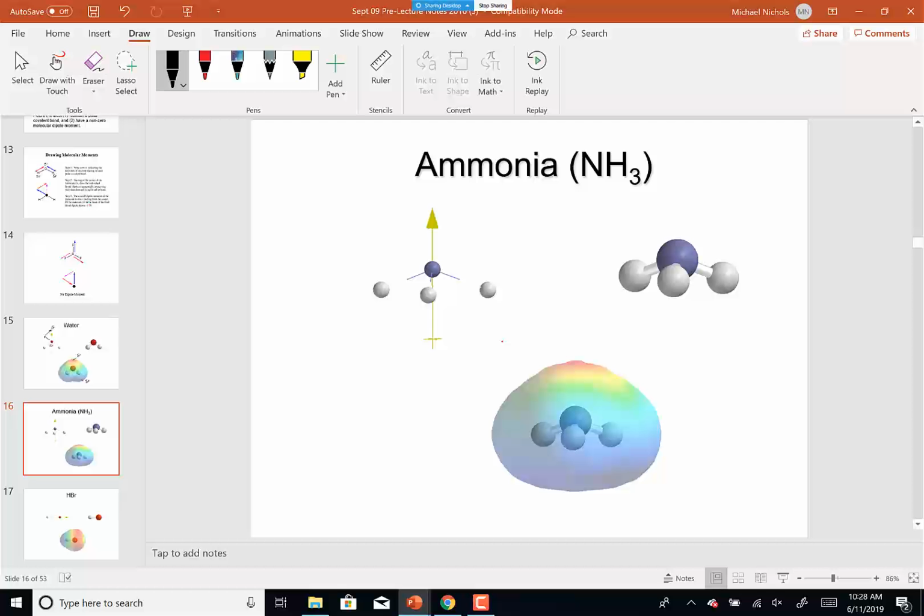Now, notice there's one word I never used here. What also happens to be where that red color is in ammonia or in water: the lone pairs. Notice I never said anything about electrons, because it's weird, but in polarity, the lone pairs aren't discussed. There's no arrow for the lone pairs.